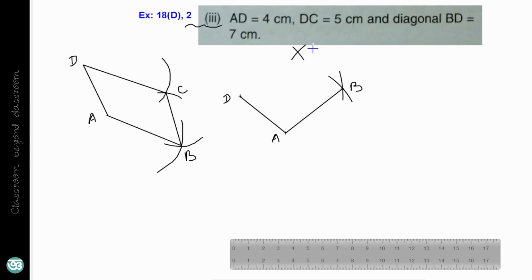So this is point C. Now you can join point D and C, and again C and B. So this is the required parallelogram. AD equal to BC and DC is equal to AB, and also opposite sides are parallel to each other.